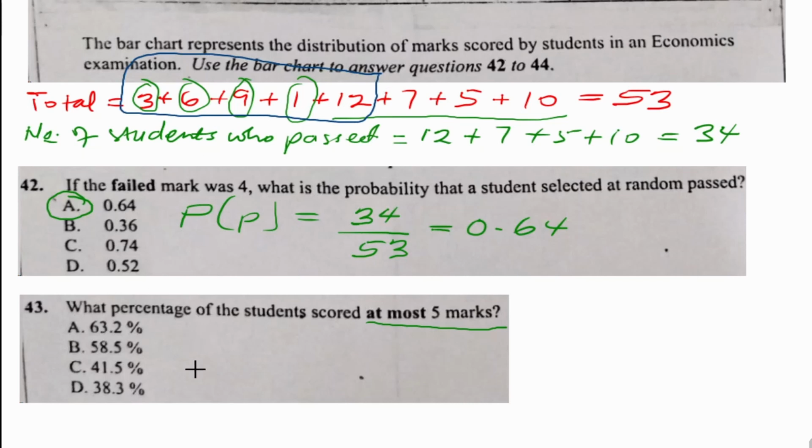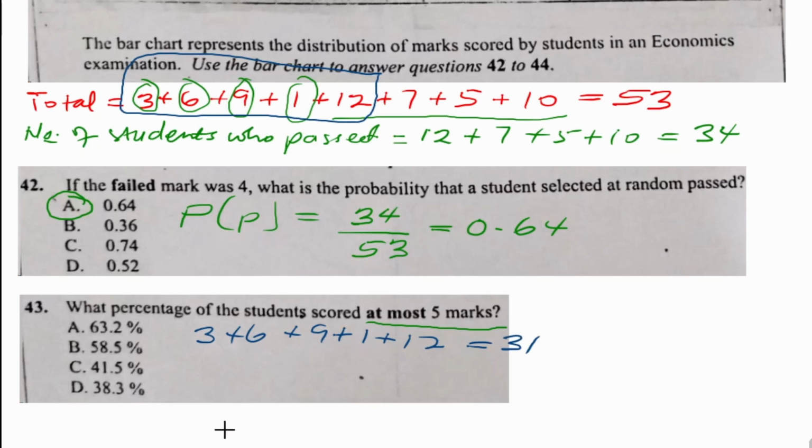So that will be, let me find that total first. That will be 3 plus 6 plus 9 plus 1 and then plus 12. And that will be equal to 31.